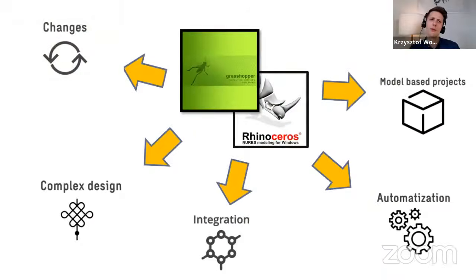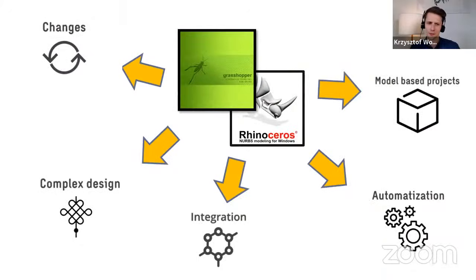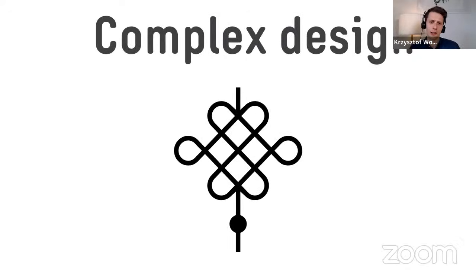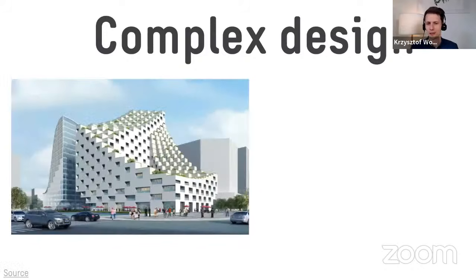So the first reason was about changes. The second one is complex design. This one is really liked by architects, especially because when you Google parametric design, you will see these crazy shapes, crazy facades, buildings, lots of operas, lots of really nice futuristic shapes.